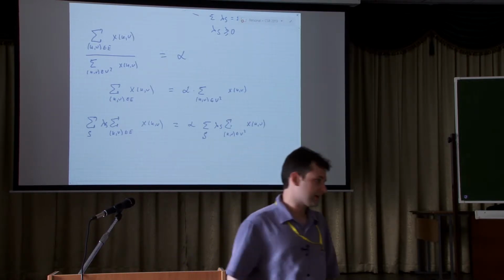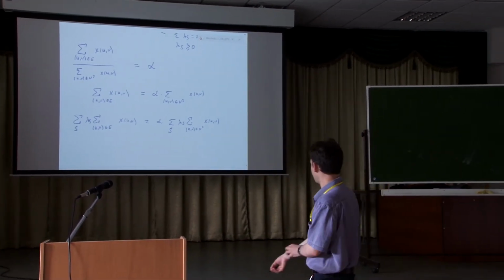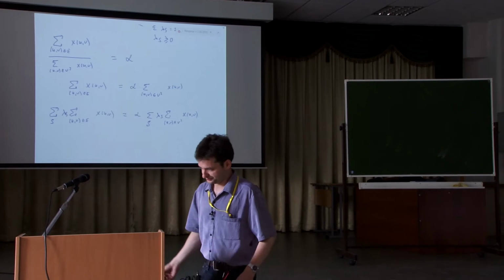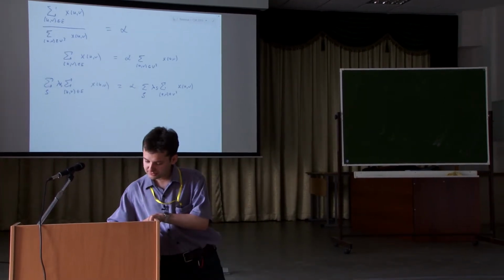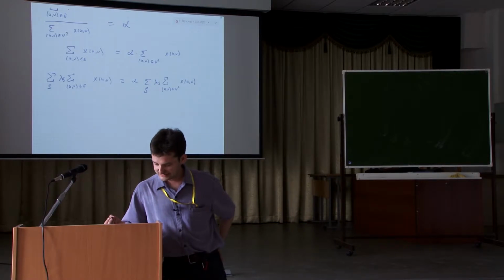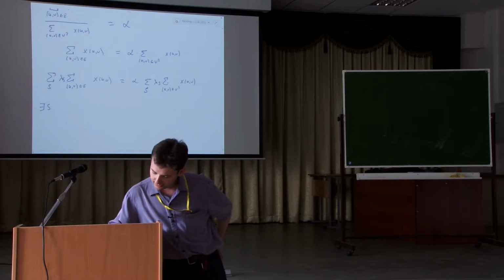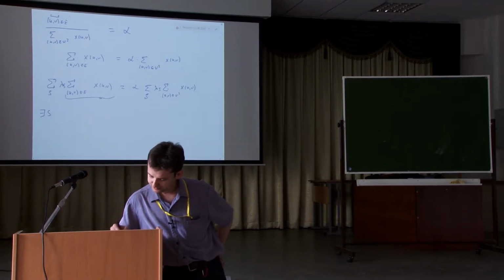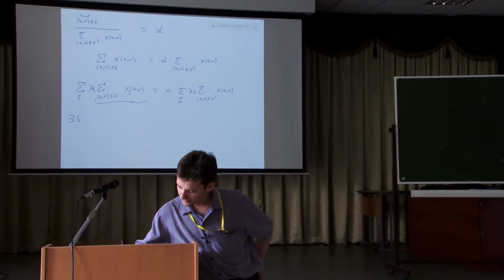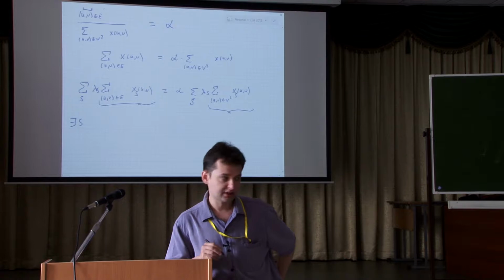So we have an expression like this, and obviously, if we just compare term by term, we know that for some S, there exists some S for which this expression is less than alpha times this expression.